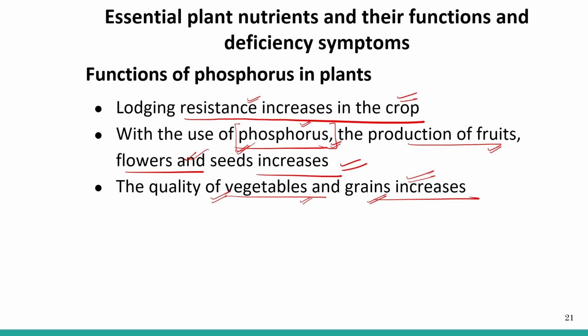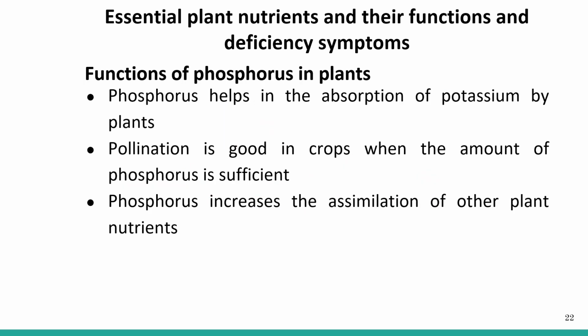This macronutrient is important in this way. Phosphorus helps in the absorption of potassium by the plant. So phosphorus is required for the absorption of potassium. As we have seen in the previous slide, phosphorus is required for the proper and strong growth of the roots.